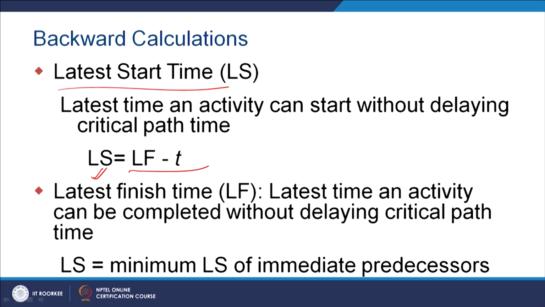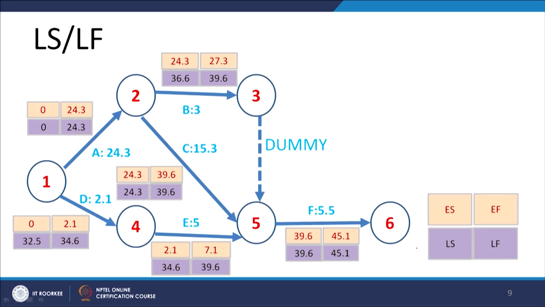LF is the minimum of the LS of the immediate successors. Now, we will be calculating the latest finish and the latest start time values. First of all, we will see the latest finish time by which it has to be completed.